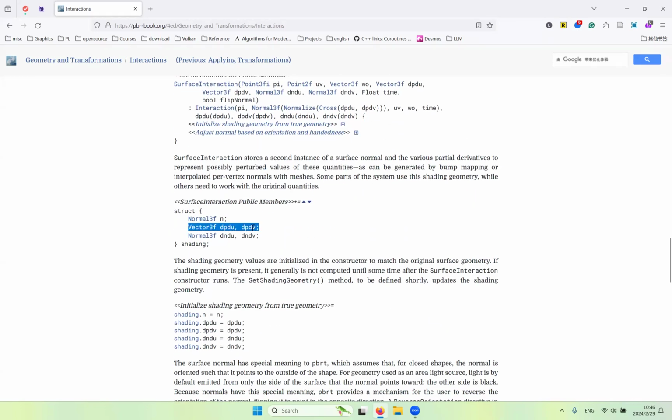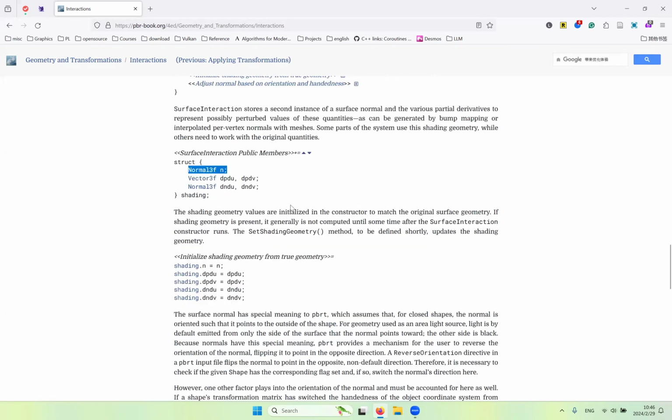Otherwise, why do we need to store two normals? Kind of confusing. Shading normal, it might be like a normal map kind of thing. Yeah, this is the real normal, after applying the normal mapping, and the previous normal is the normal of the geometry.